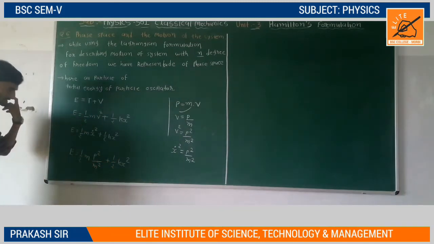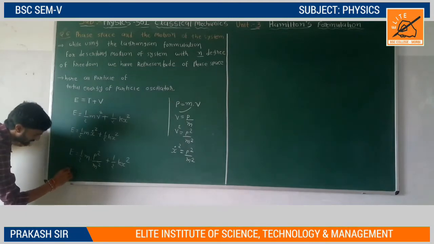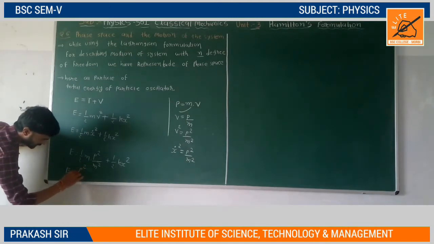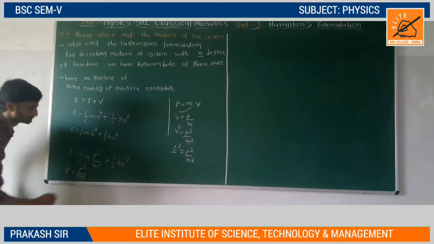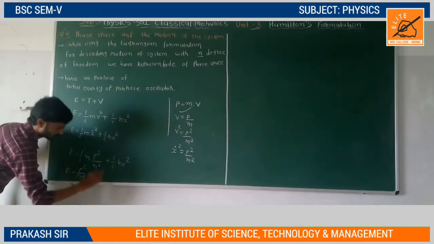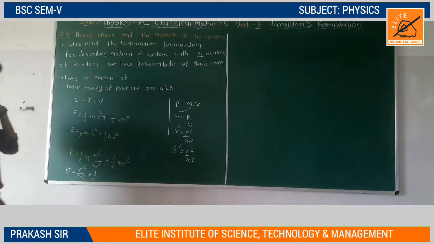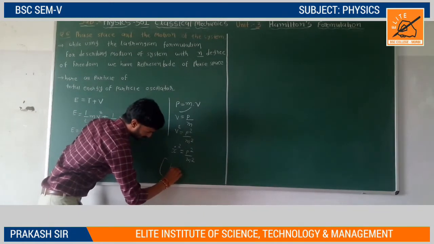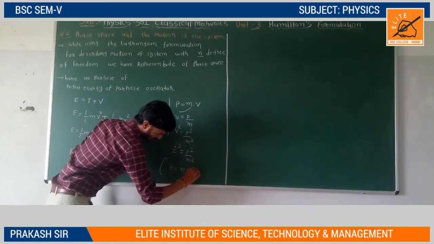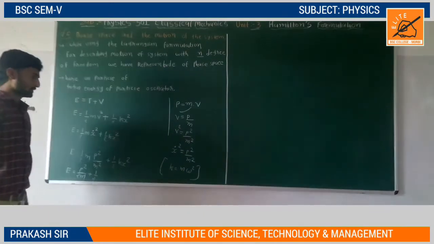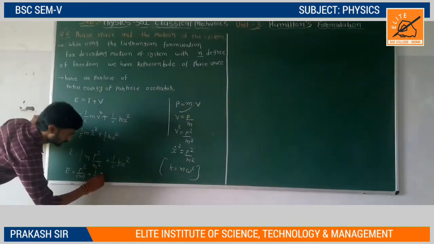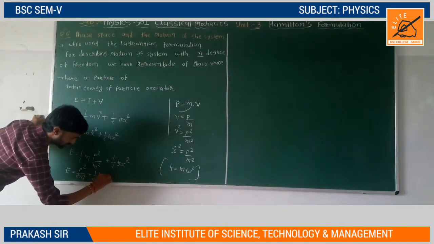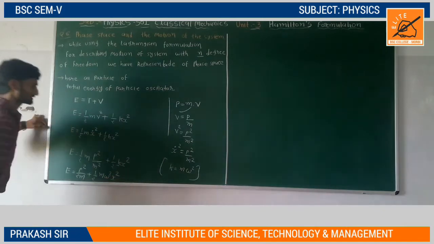Now m cancels, so E is equal to p square upon 2m plus 1 by 2 k, and k is replaced by m omega square, so k becomes m omega square x square.